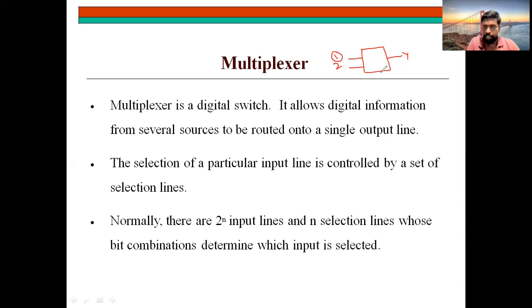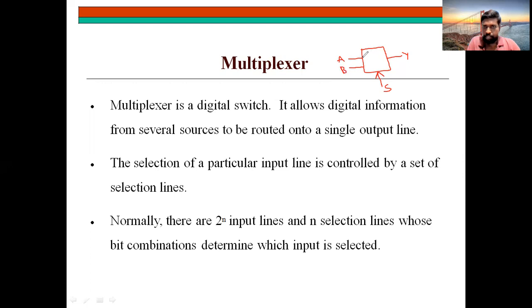So here you take one more input called the selector input. This is your selector input S, and these two are your inputs. Let us consider them as A comma B, for the time being.